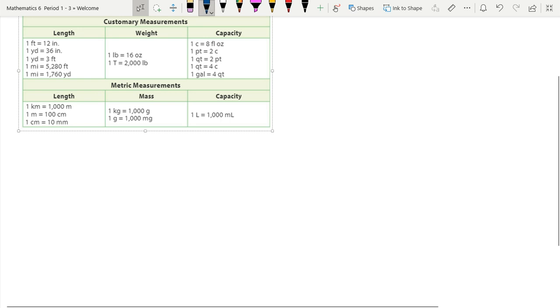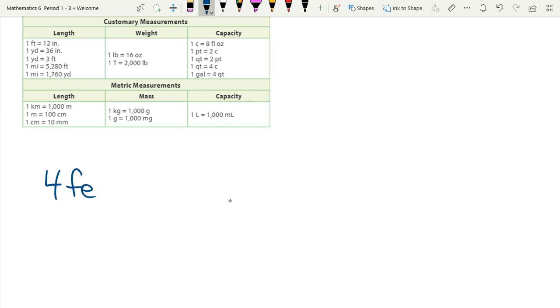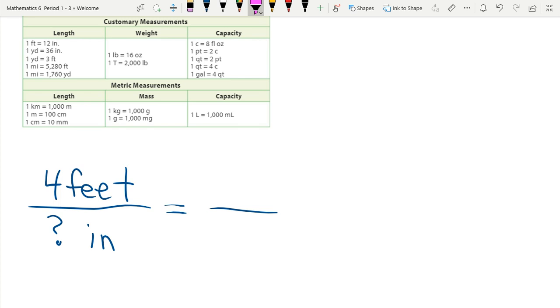So let's say I have a problem that says I have maybe 4 feet, and I want to convert that to inches. So I say 4 feet equals how many inches? I look at my chart up here, and under customary, I'm looking for something that has feet and inches in it.